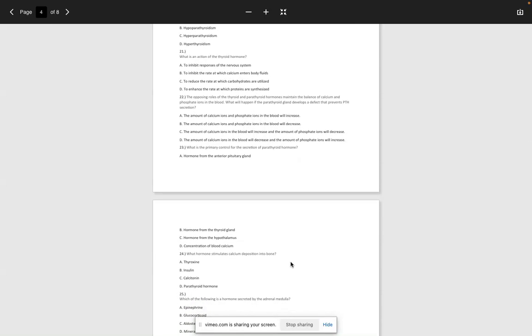Is it thyroxine? Is it insulin? Is it calcitonin? Or is it parathyroid? So PTH removes it from bone, right? Calcitonin deposits it. Yes, C.